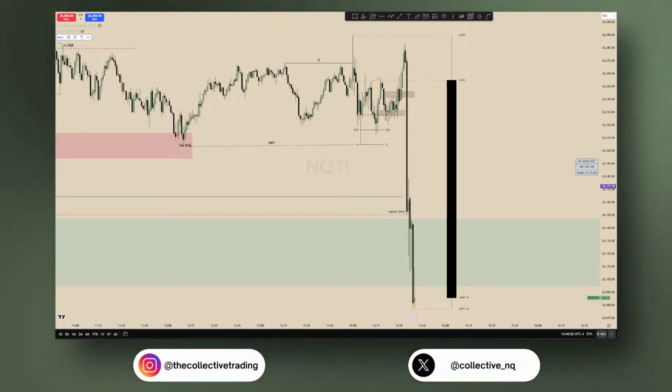He took 2,900 he made on 1 mini. Oh shit.